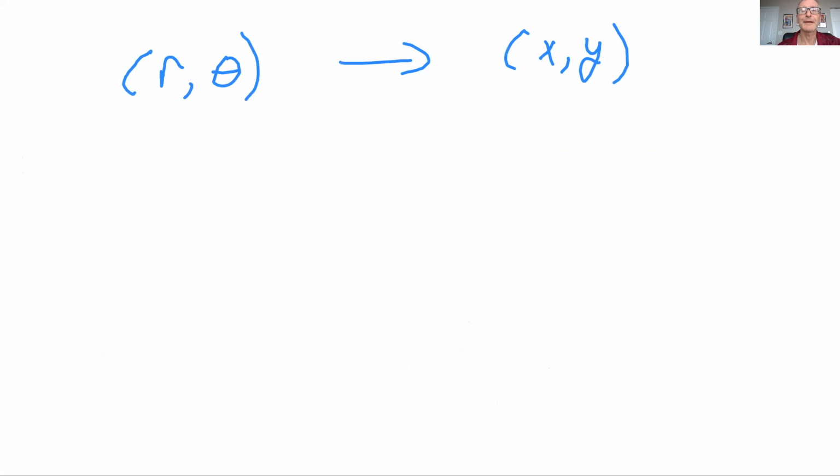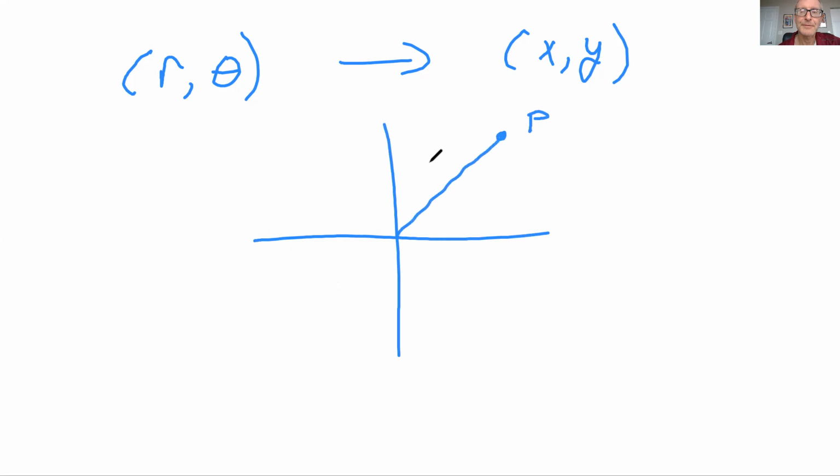And so the idea is that if you took a point where we call P here, and this is r, and this would be theta. And so this distance here is r, and the distance angle-wise from positive x-axis to that line segment is theta. And again, counterclockwise is positive, and clockwise is negative.